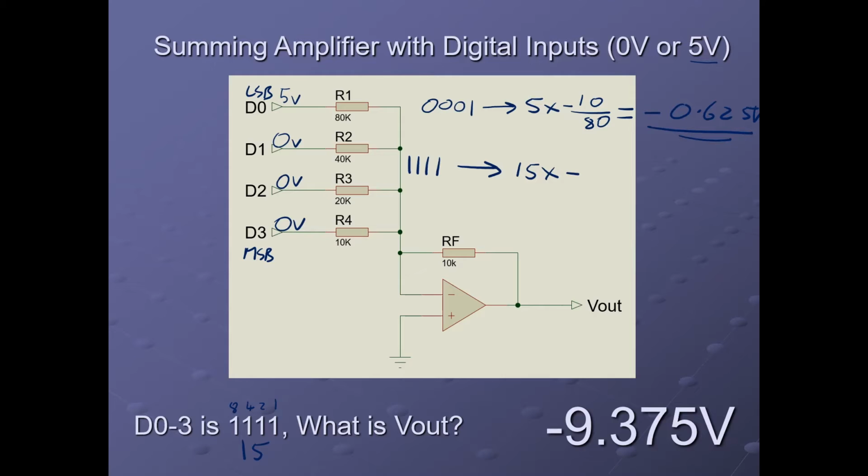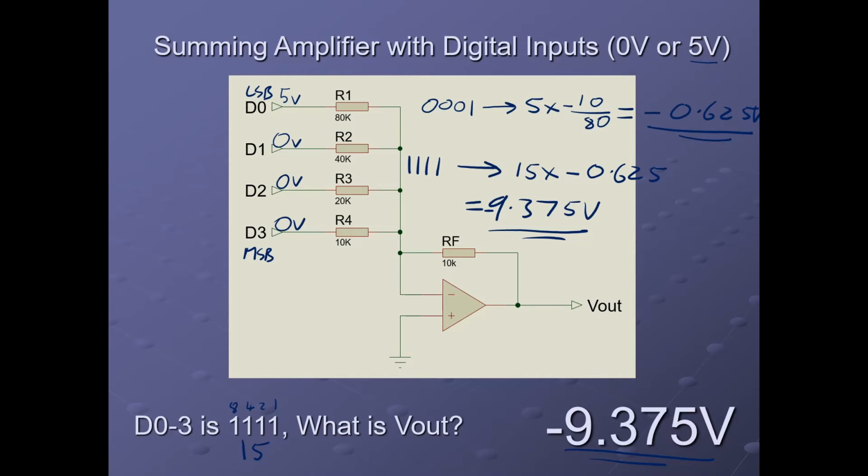So it's 15 times minus 0.625, and on my calculator that gives me minus 9.375 volts, which of course is what we got when we used the big long equation.